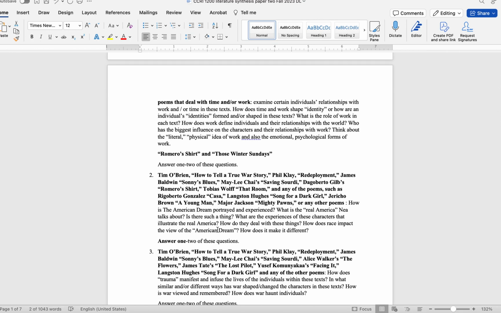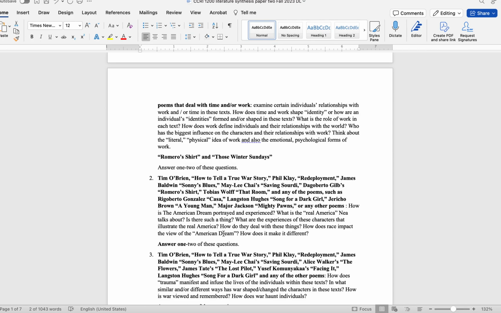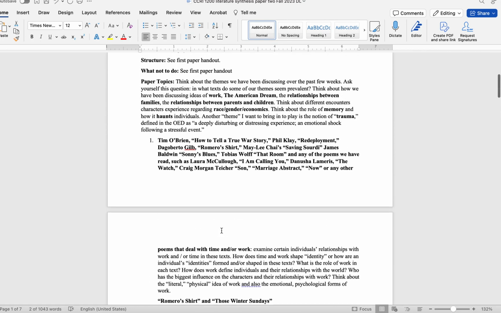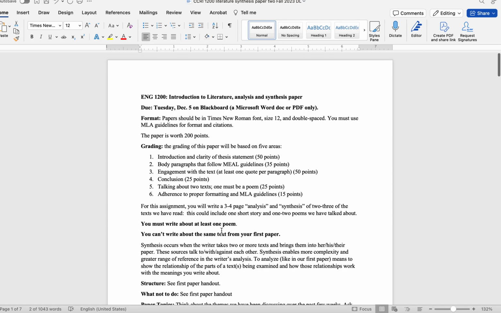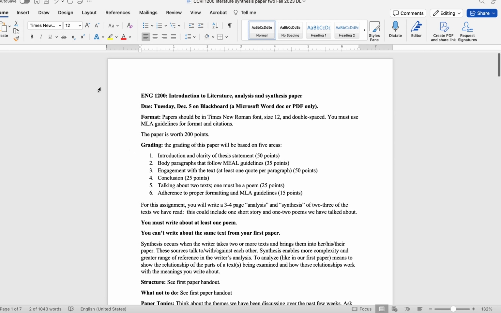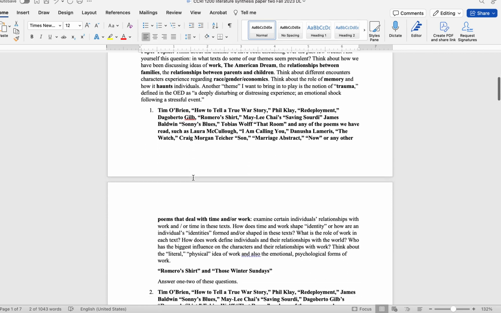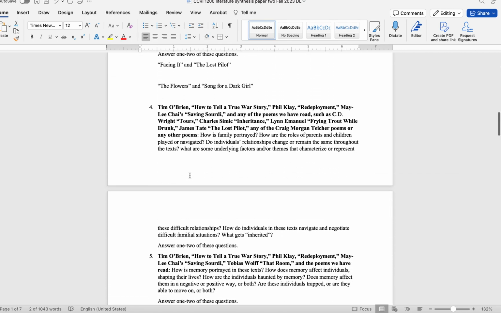Sonny's Blues, Sonny and the piano. The piano is a symbol for escape, a symbol for hope. In Tours, the little girl uses the piano as a symbol of hope and escape. So even though on the surface those 2 texts seemingly have nothing in common, they actually have a lot in common. So those are just a couple of options for paper 2.